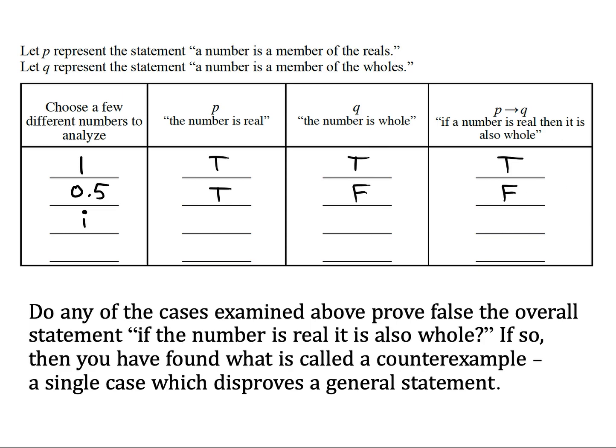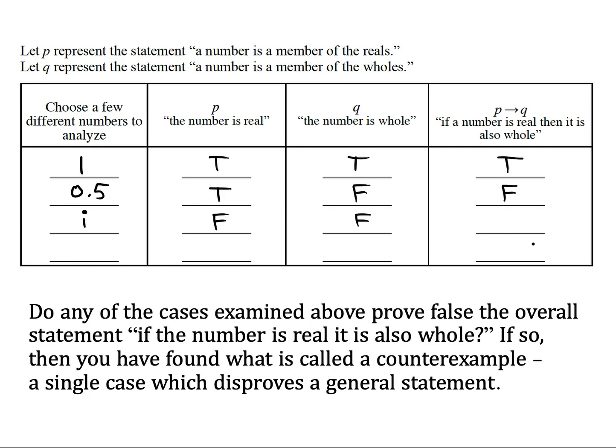Now let's try the imaginary number i. Is it real? No, it's imaginary. Is it a whole number? Certainly not. The number i was not understood in ancient times when whole numbers were used for the first time.